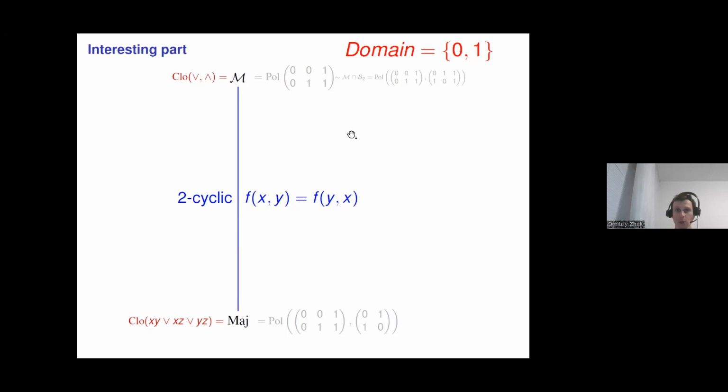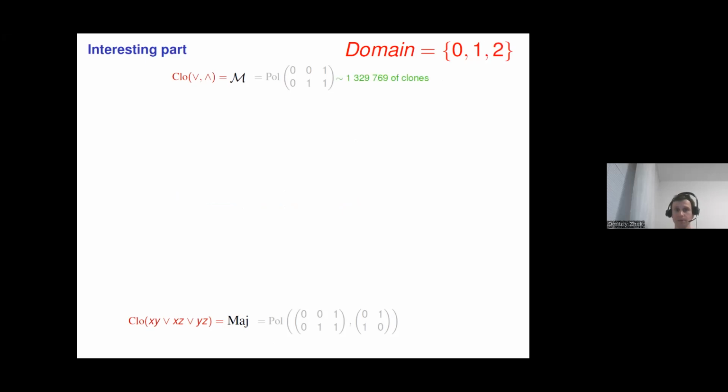And what do we have on a three-element domain? Now our domain is 0, 1, 2. It turned out that there are 1.3 million clones on the three-element domain that are equivalent to this one. And this is the largest class of clones.